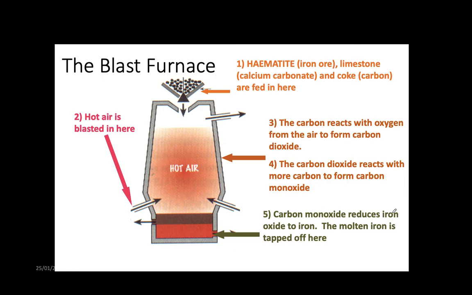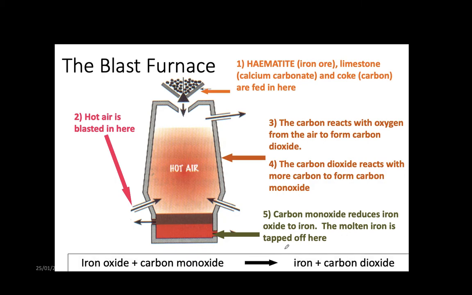The carbon monoxide is our reducing agent. It reduces iron oxide to iron, and the molten iron is tapped off down here. So the word equation for this is iron oxide plus carbon monoxide gives iron plus carbon dioxide.